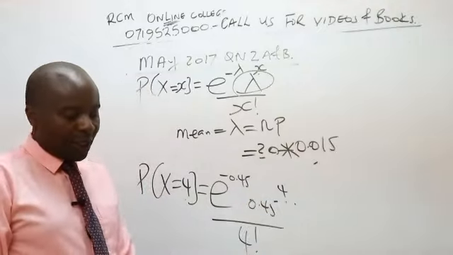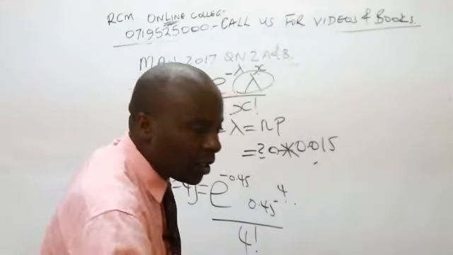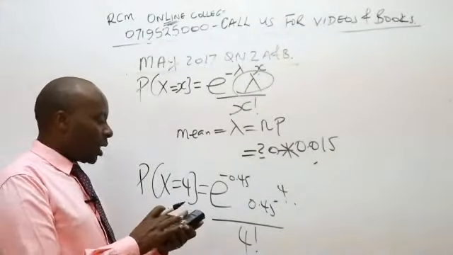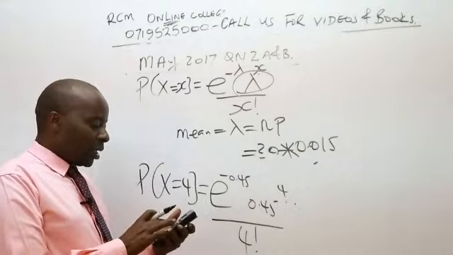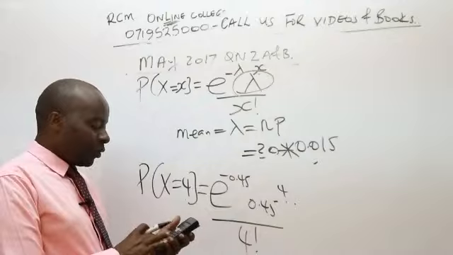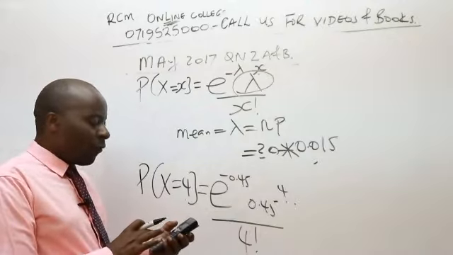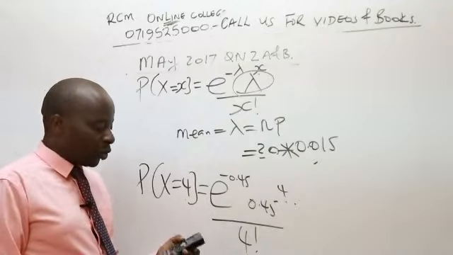Then what you will need right away is your calculator. E, minus 0.45, times 0.45 raised to power 4, divided by 4 factorial. I hope you are able to remember where the factorial is.